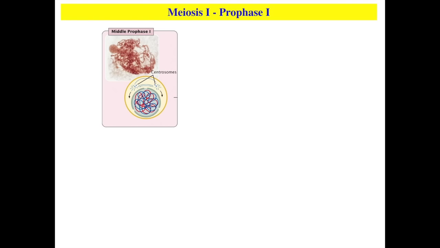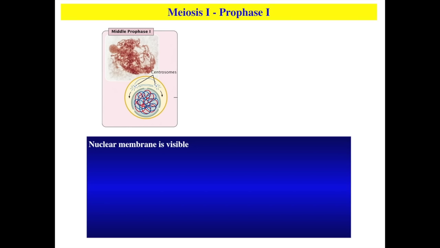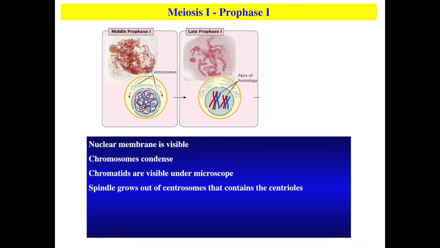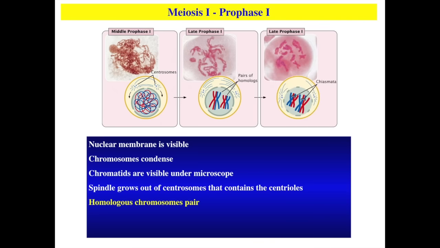Prophase I happens during meiosis I. Prophase I can be divided into different stages. In the middle of prophase I, the nuclear membrane is visible, and the chromosomes condense. In late prophase I, the chromatids are now visible under the microscope, and spindles grow out of the centrosomes that contain the centrioles.